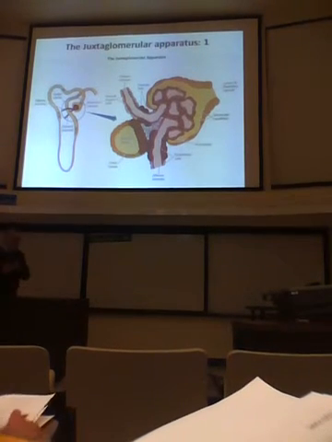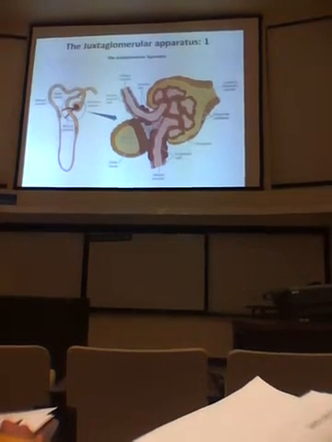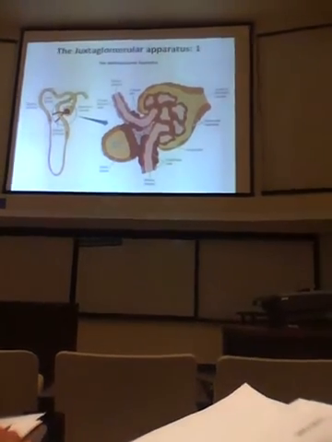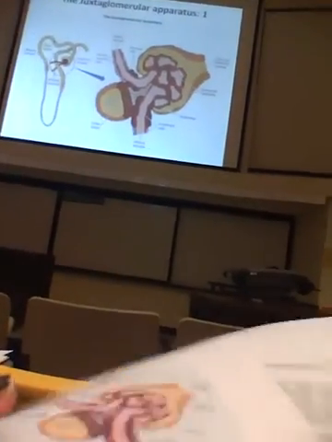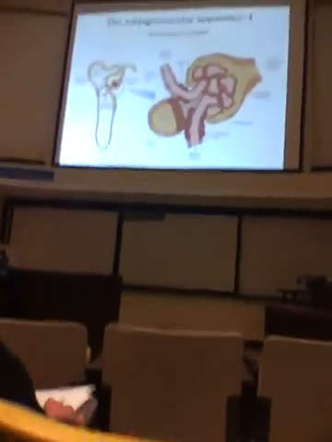So look, this is what I didn't mention, but it's actually on almost all of the pictures that we've looked at so far. Here is the glomerulus. Here is the filtration. Here is the filtrate being formed. It goes down the proximal convoluted tubule, down the loop of Henle, and then back into the distal convoluted tubule.